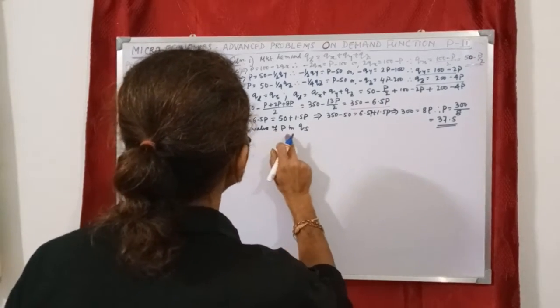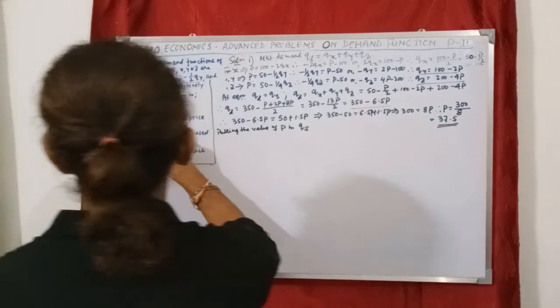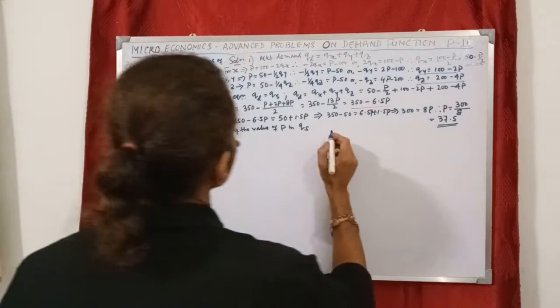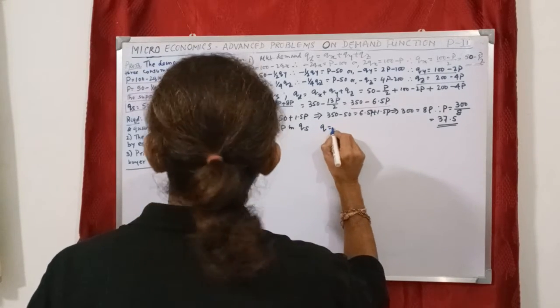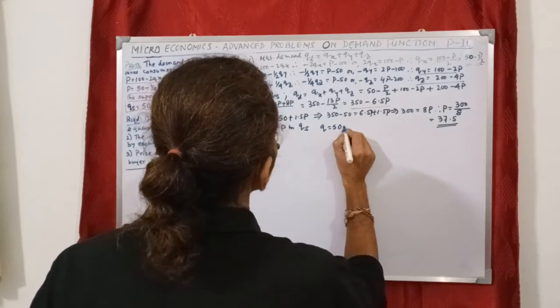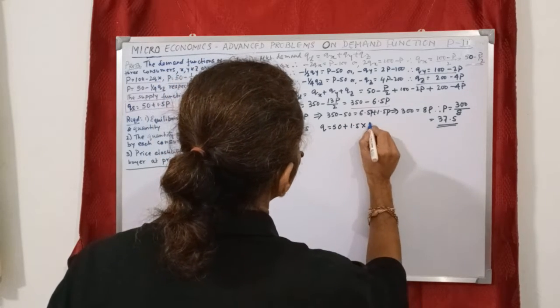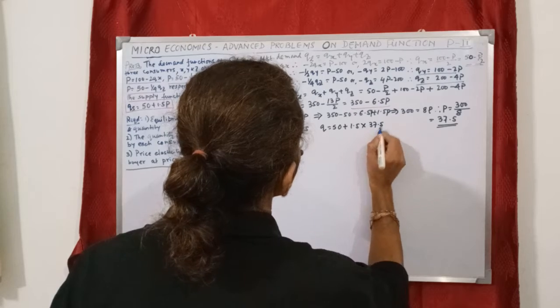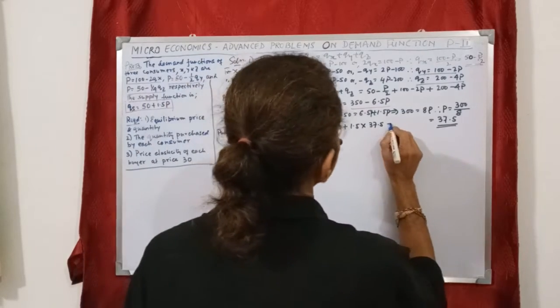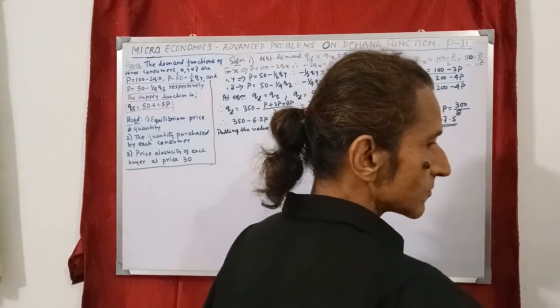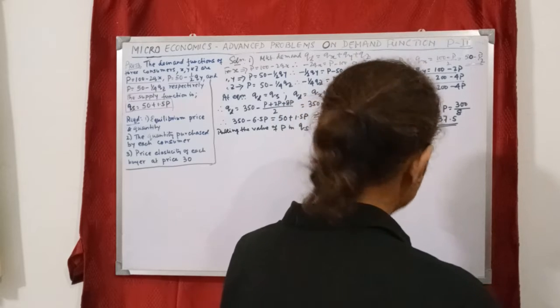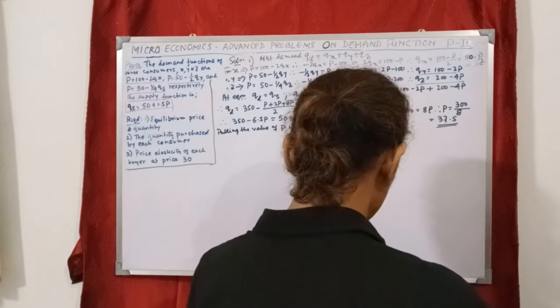Putting the value of P in QS, what is QS? 50 plus 1.5P. Q equals 50 plus 1.5 into 37.5. This is equal to 50 plus, what is the value of 37.5 into 1.5? Let us see.